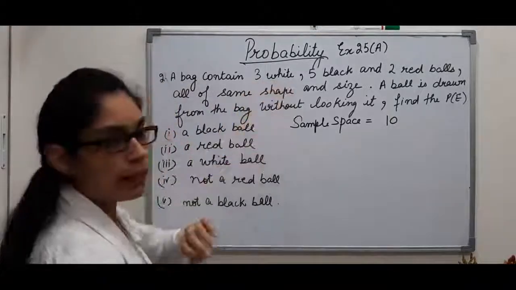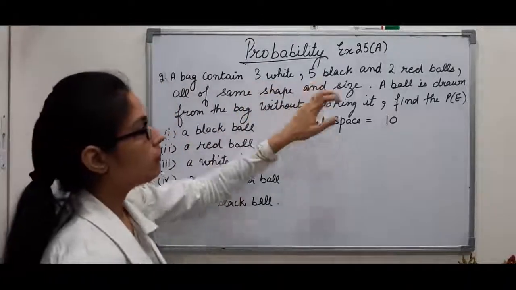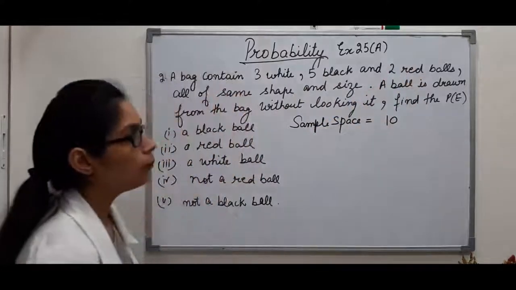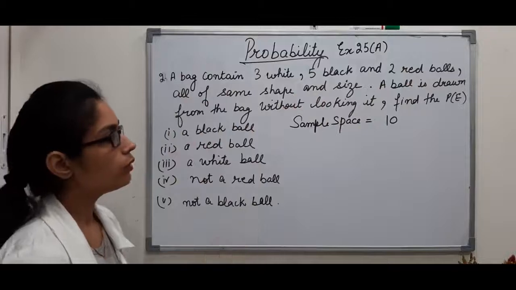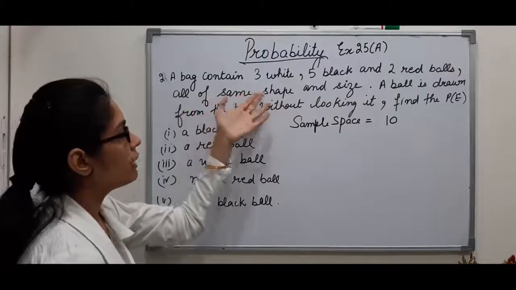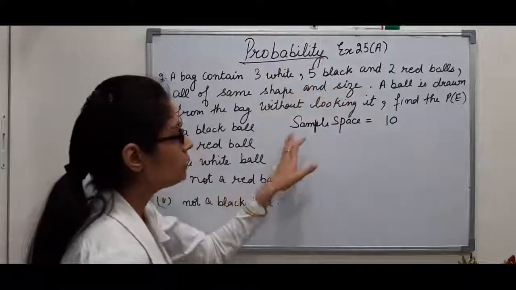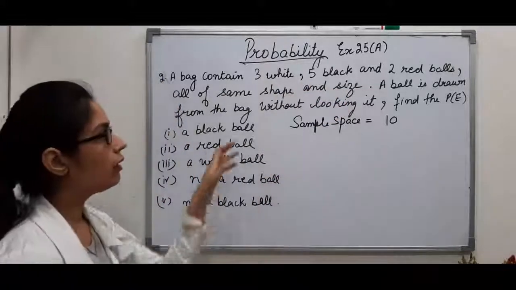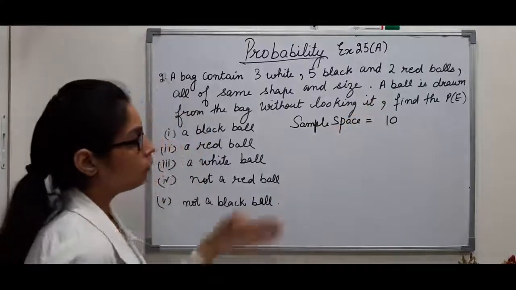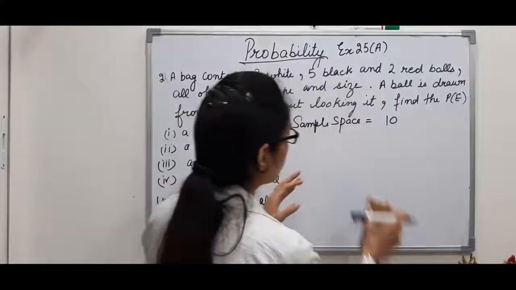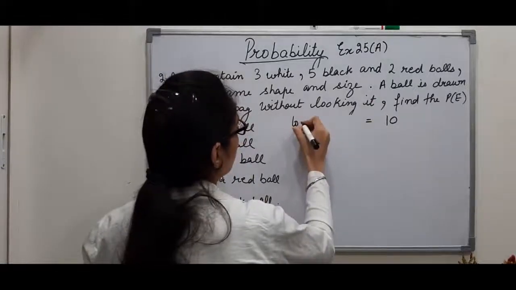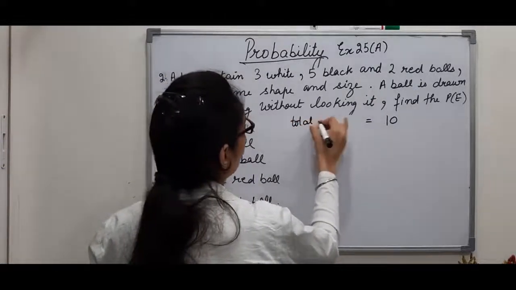See, 3 times a white ball can be drawn, 5 times a black ball can be drawn, and 2 times a red ball can be drawn. Because they have mentioned all the balls are of the same shape and size, I simply have to add the given numbers, and that will be my sample space, or I can say the total number of possible outcomes.